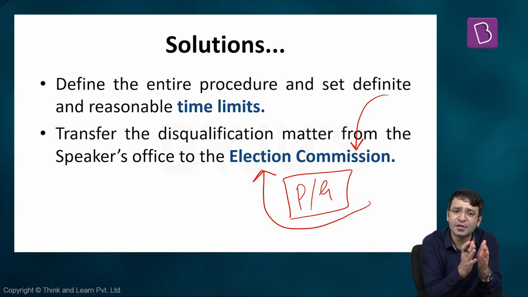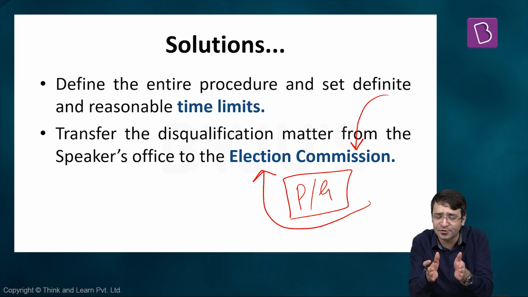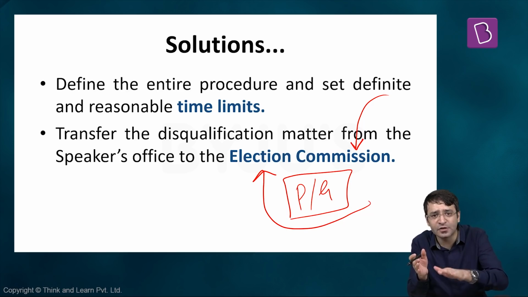That means whenever it is to be found whether a legislator should be disqualified on the grounds of office of profit, on the grounds of mental unsoundness, on the grounds of change in the nature of citizenship, a report is prepared by the Election Commission of India, and whatever the Election Commission of India says in its report, that is binding on the president or the governor.